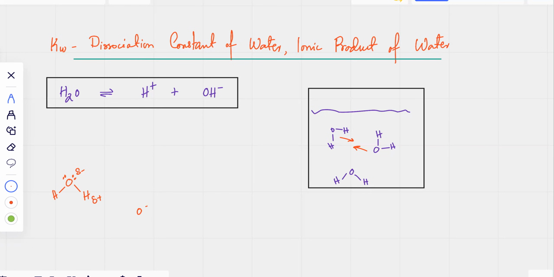Here's another water molecule, and that water molecule also has lone pairs. The lone pairs have a partial negative charge and the H has a partial positive charge. Now what happens is, when two water molecules bump into each other, the H over here is going to be attracted to the lone pairs of this water molecule.